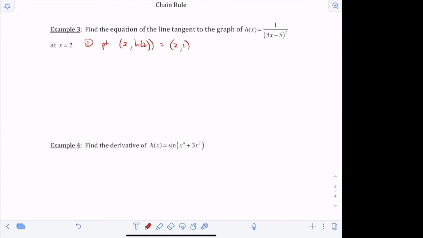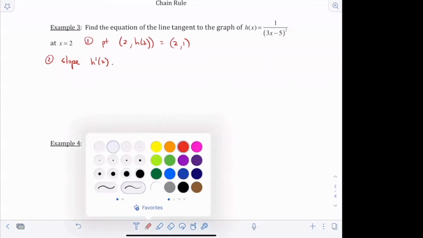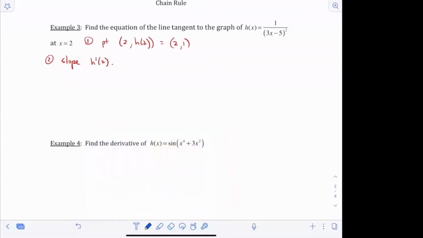But the second thing I need is a slope. And to find the slope, I take the derivative. So we want h prime evaluated at 2. That will give me the slope of the tangent line at x equal to 2. So clearly we're going to need to take a derivative here.